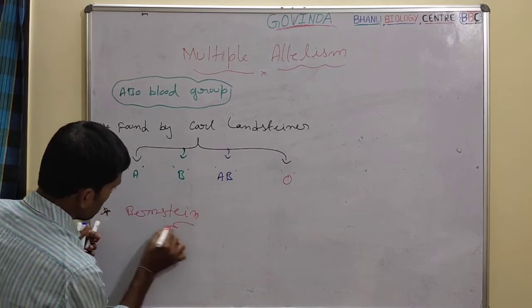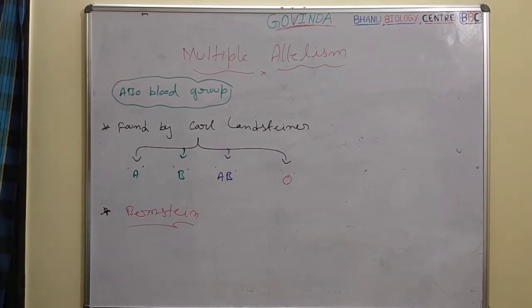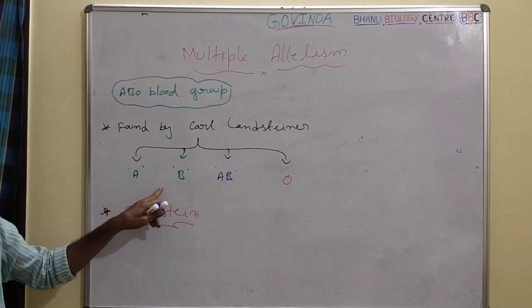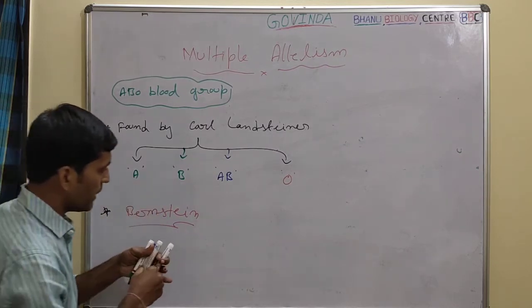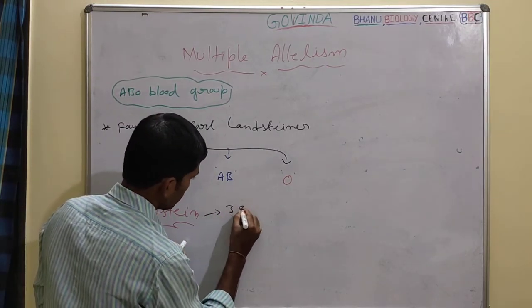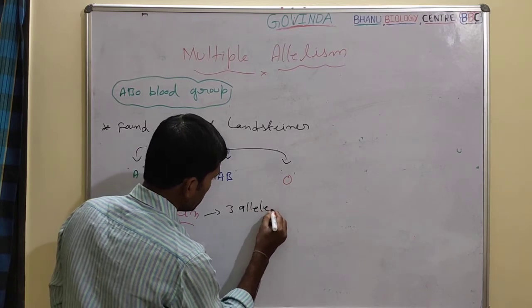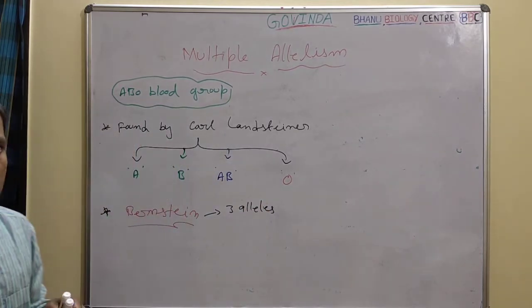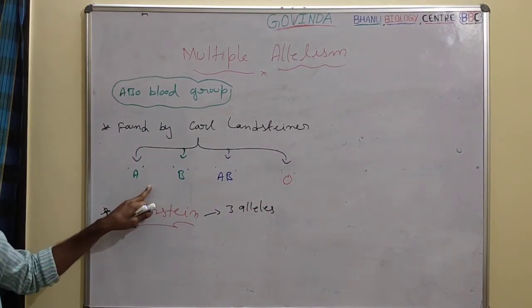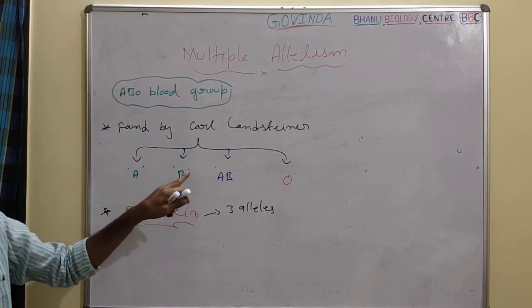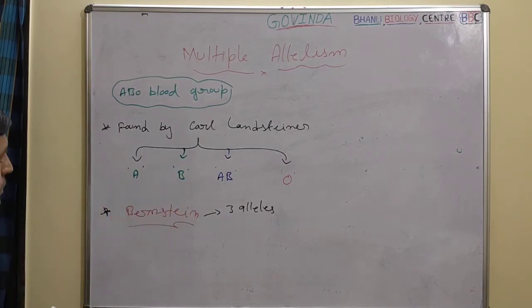Bernstein was the person who discovered that 3 alleles decide the person's blood group, whether A, B, AB or O.